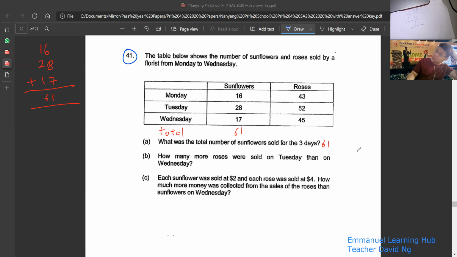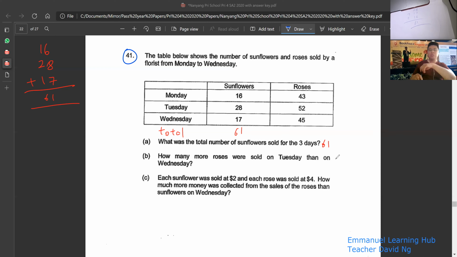Roses and sunflowers. No. 52 plus 45 plus 43. Then after that minus 61. No. You read the question carefully. Wrong. You misinterpret the question.